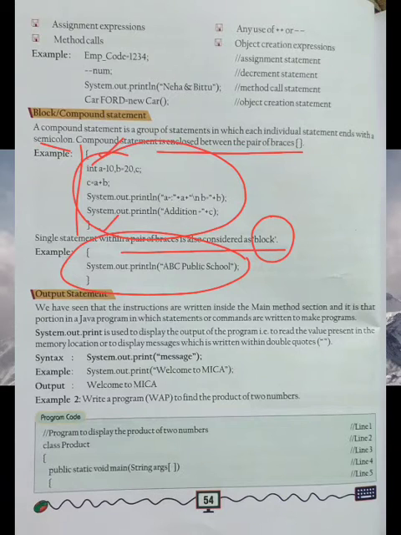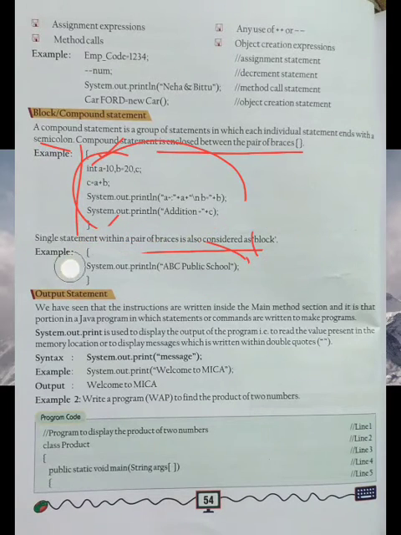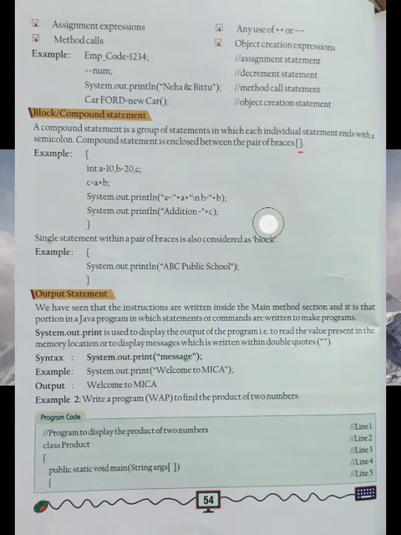Now the next type of statement is the output statement, and we have discussed the output statement many times, that is System.out.println. We have seen that the instructions are written inside the main method section, which is that portion in a Java program in which statements and commands are written to make the program.